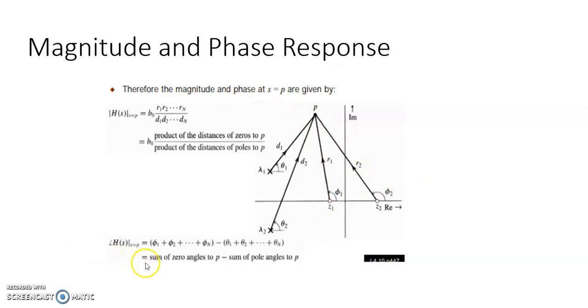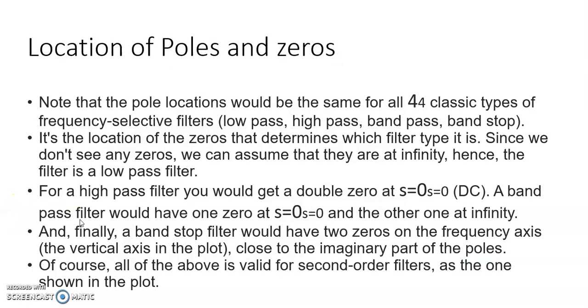So you're going to add the sum of all angles of zeros with respect to P and subtract the sum of angles of all poles with respect to P. This is how you plot the magnitude and the phase response. Depending upon the different locations of poles and zeros, different characterizations of filters are done, that is low pass, high pass, band pass and band stop. We're going to discuss them in detail further. Meanwhile, you can go to the slide.